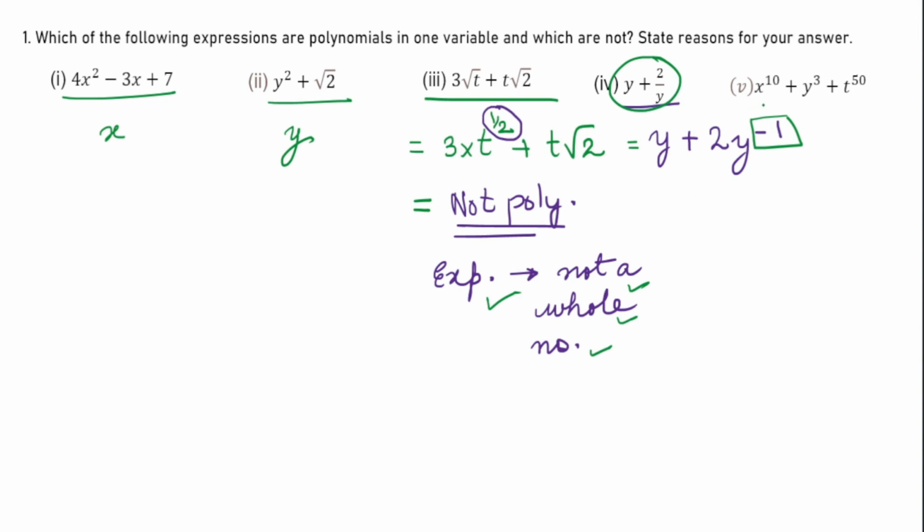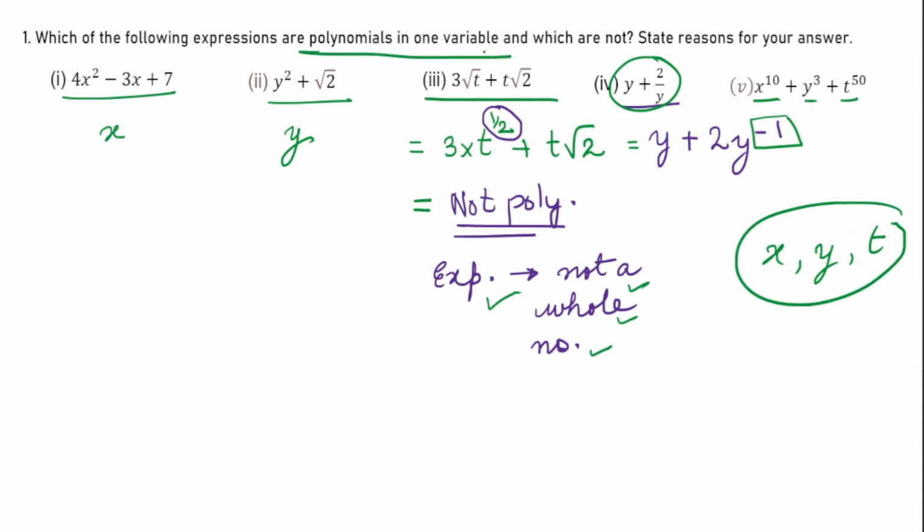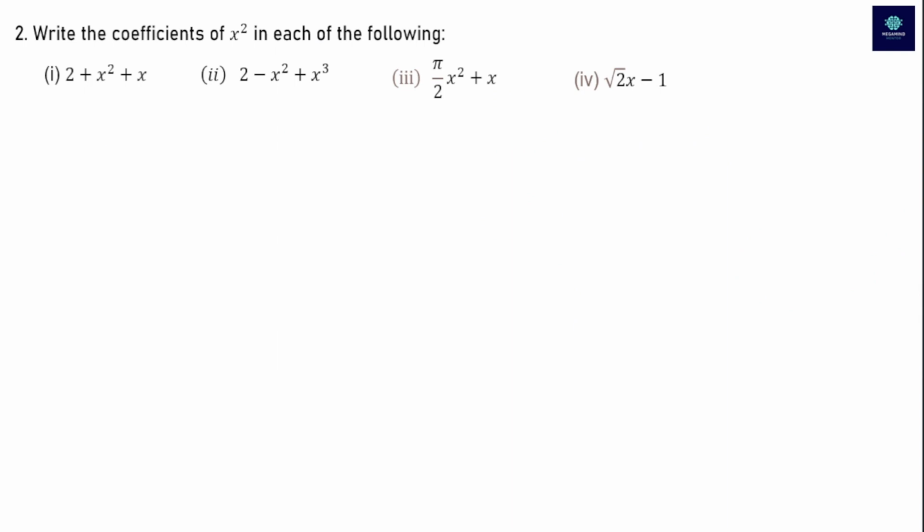Now coming to the last expression, you have x raised to the power 10 plus y to the power 3 plus t to the power 50. Here you have three different variables, that is x, y and t, and thus it is not a polynomial in one variable.